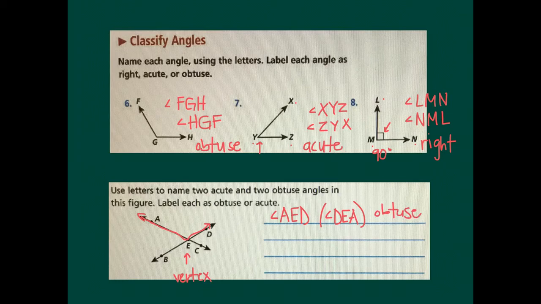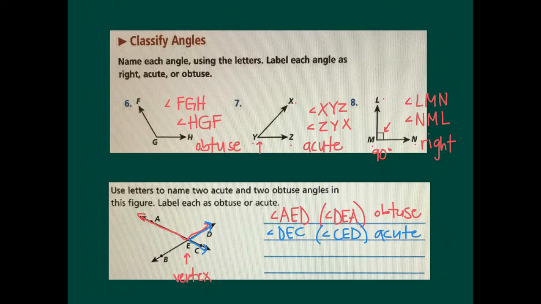Next, I see that I have an angle DEC right next door, so I can label that DEC, or again, I could label that angle CED, keeping the vertex E in the middle. Now this one I notice is less than 90, so that is an acute angle.